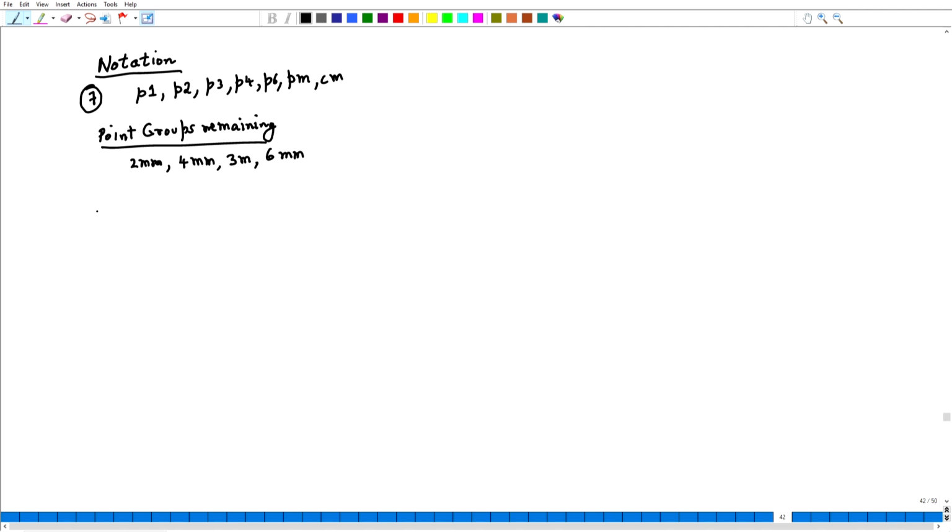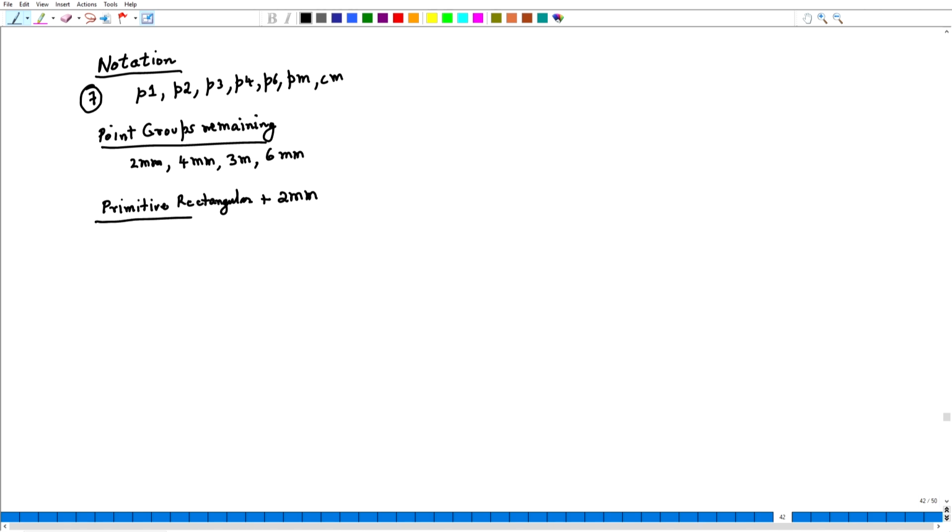So, let us start with the 2mm point group, and this 2mm point group will go into which kind of net? It will go into the primitive rectangular lattice.